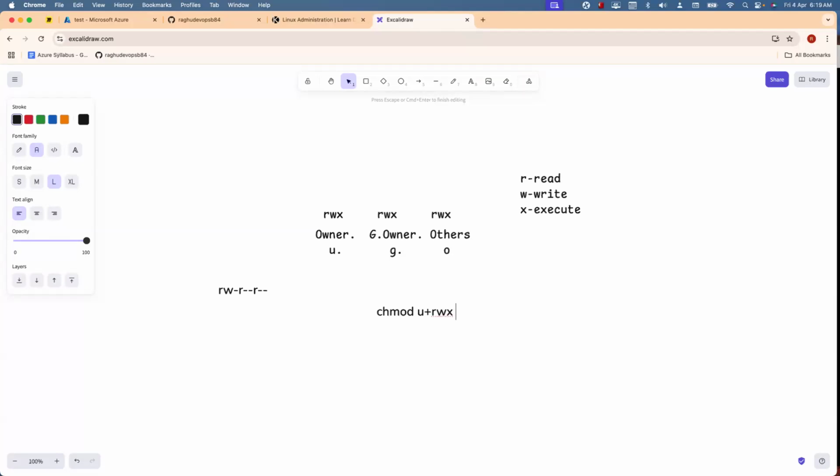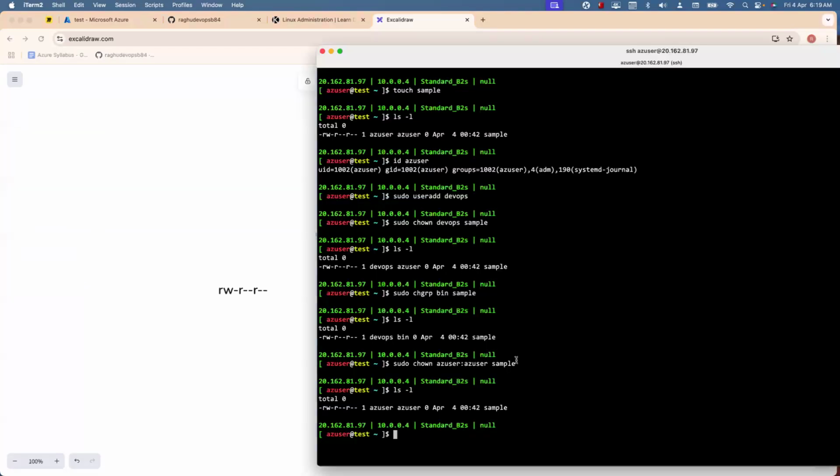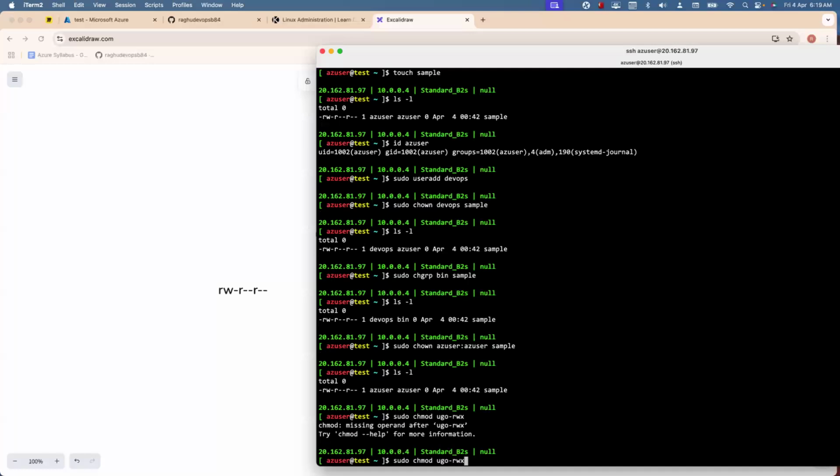On the right side, you give whatever permissions you want to give, along with the file. So let's say sudo chmod ugo minus rwx to sample file.